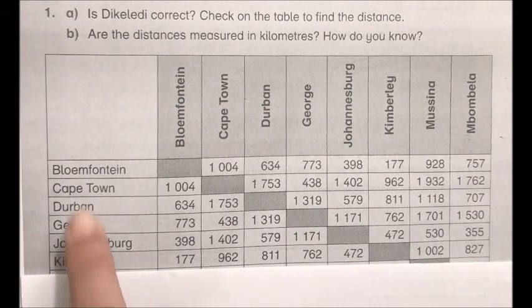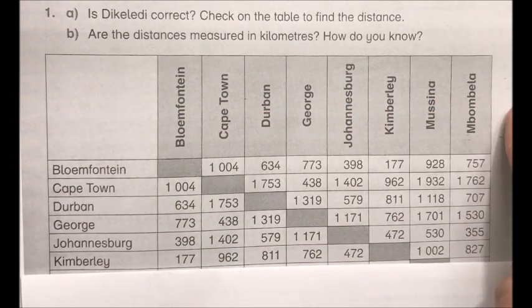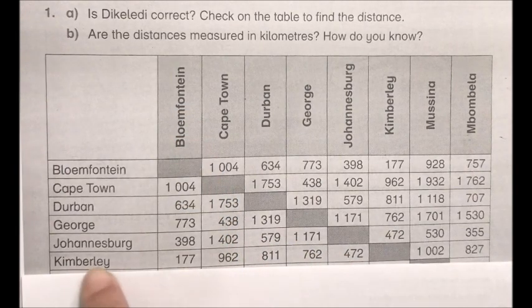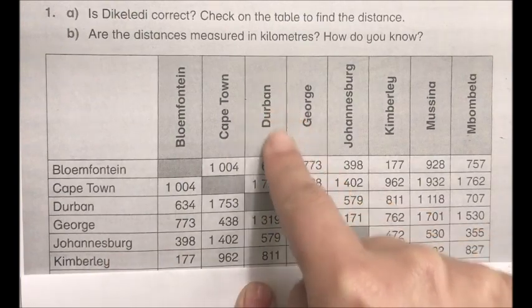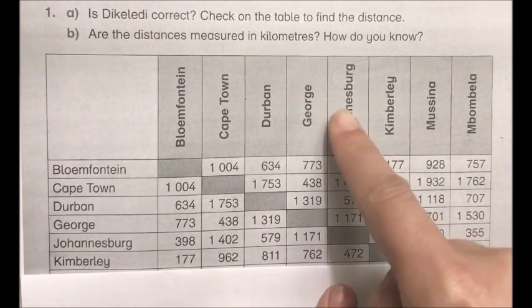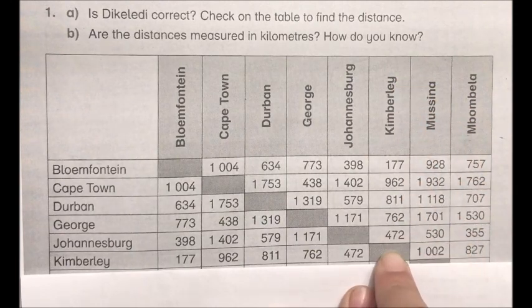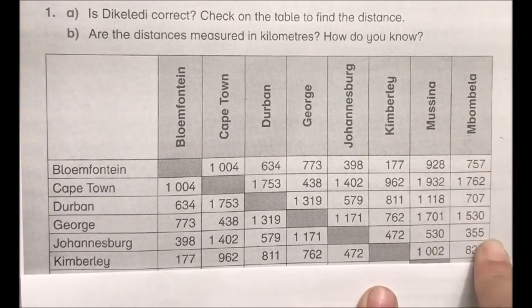We see here are some cities, but we also see the names of the same cities at the top of that table. So remember from our example, this shows Kimberley in relation to Bloemfontein, Kimberley in relation to Cape Town, Kimberley in relation to Durban, with George, Johannesburg, and here we go Kimberley, so it's the same place. You cannot measure distance there. Messina and Kimberley, and Mbombela and Kimberley.